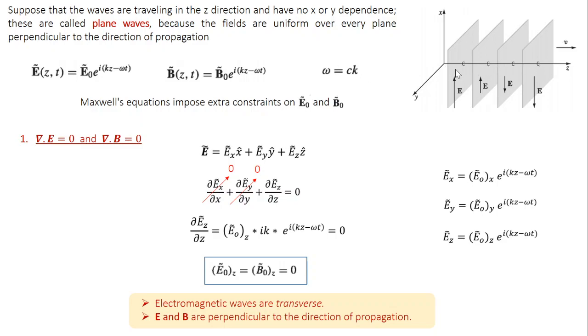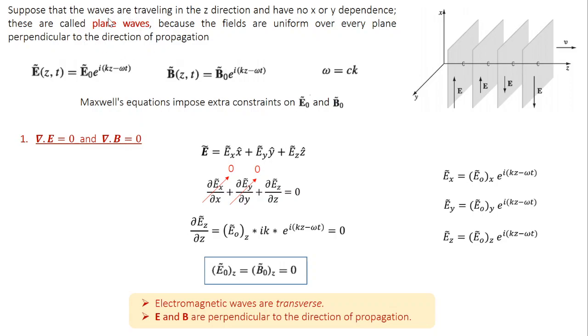Looking at this diagram, the wave is traveling in the plus Z direction with velocity v. At each point, the electric field and the magnetic field oscillate in the XY direction, or I can say the fields are confined to the XY plane. So at every point, the fields are confined to a single plane. That's why we call such a wave a plane wave.